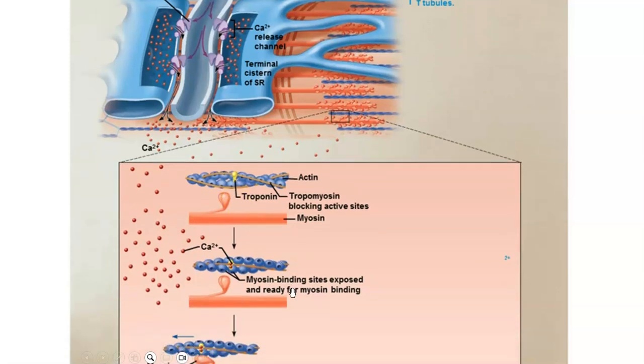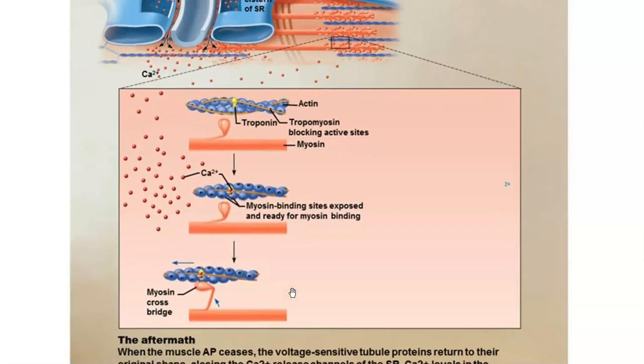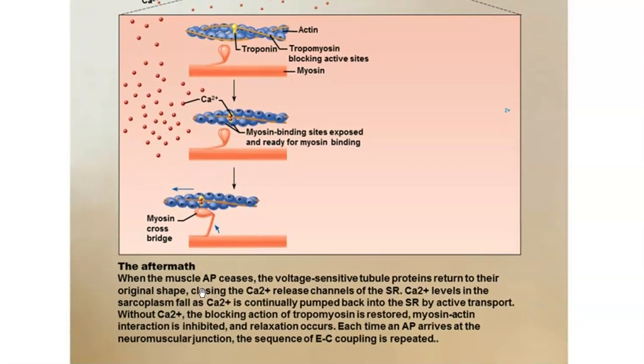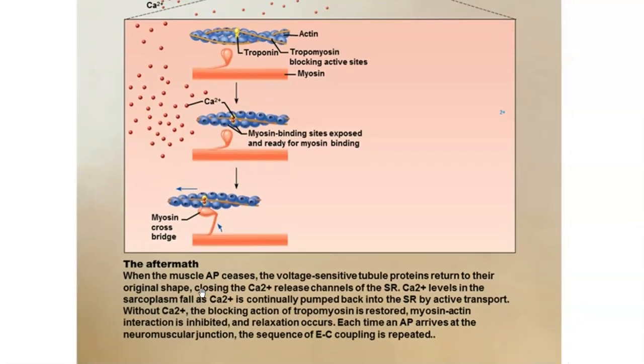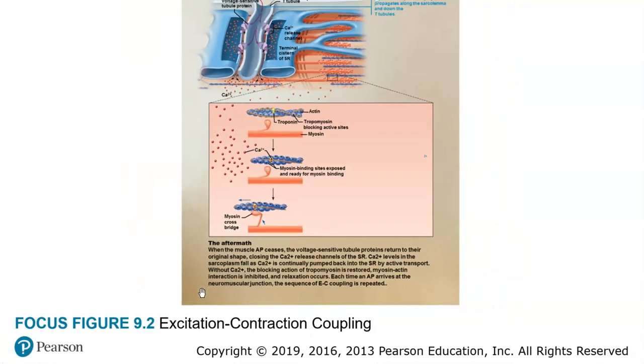It causes the shape of troponin to change, and it moves the tropomyosin out of the way, exposing those binding sites, and now myosin can form a cross bridge with actin. So that is the excitation-contraction coupling part.